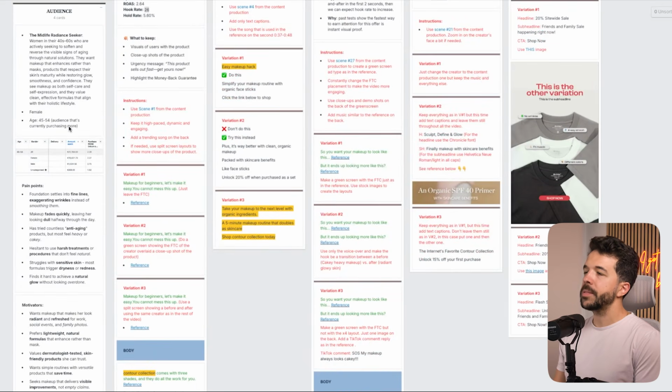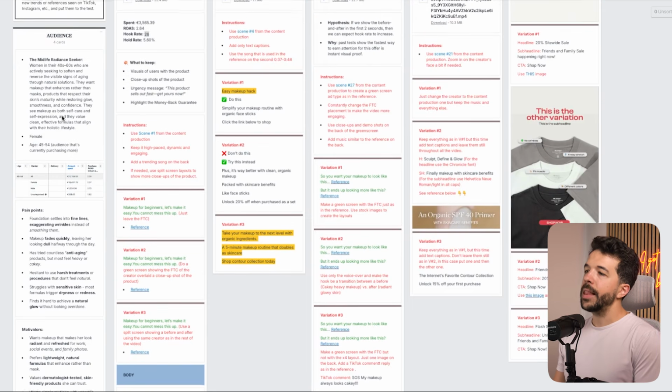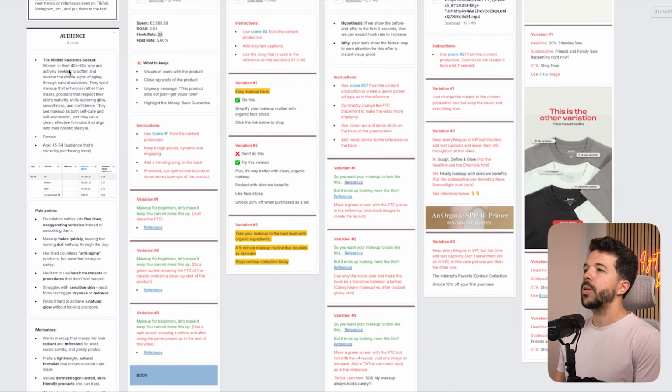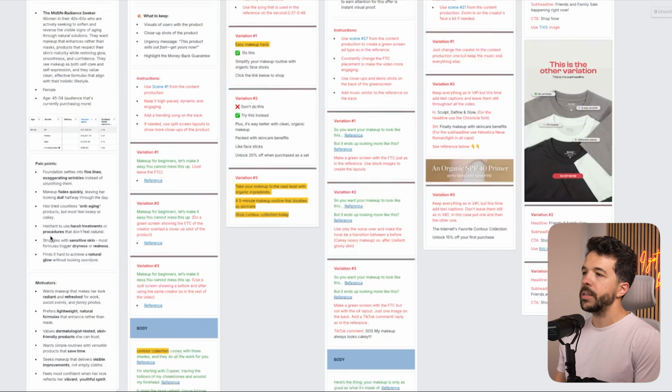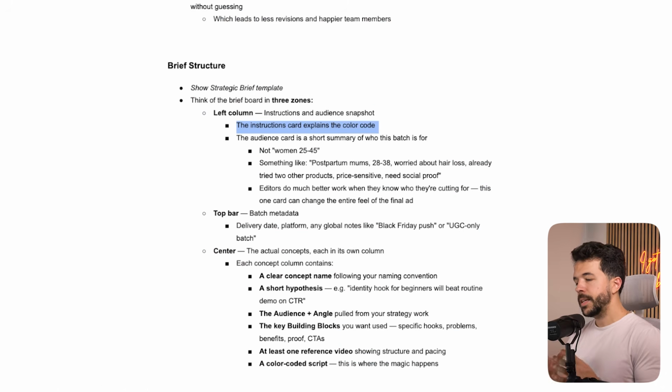Then the second box is where we talk about the audience. And I personally like adding all these audience details, pain points and motivators to the brief board, because video editors are usually great at highlighting things based on what they're trying to achieve, but also because the video editor position is usually the best one to upgrade into the creative strategist position.